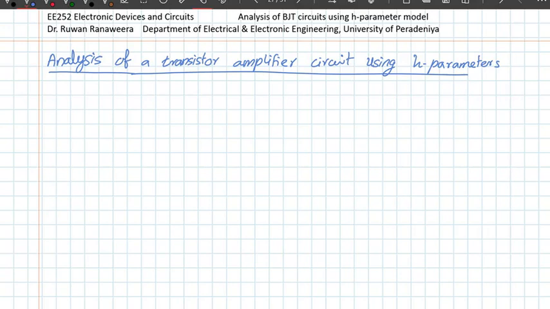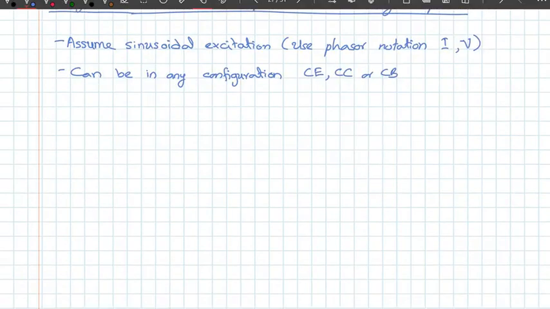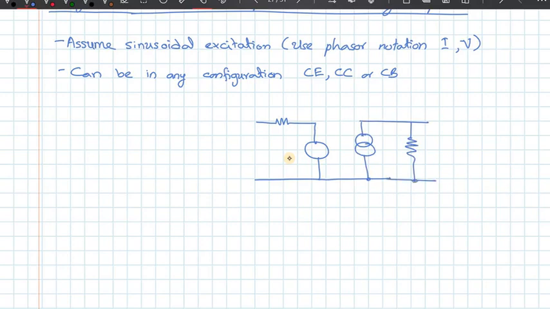So let me start with that. Let's look at the circuit. We are going to replace our BJT with its small signal model, the H-parameter model. This is my BJT. I'm not going to mark base, collector, emitter because that can be anything.